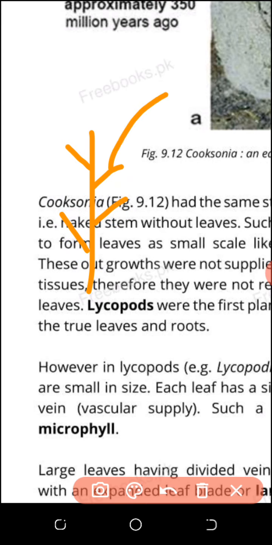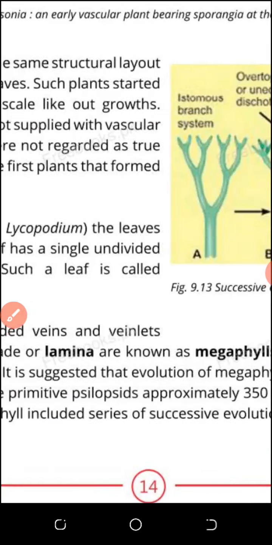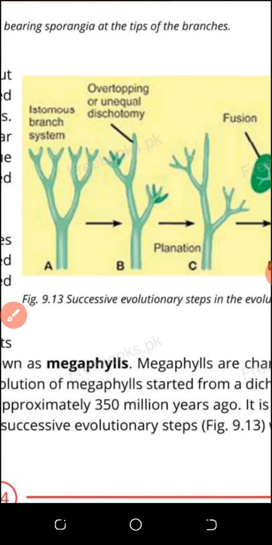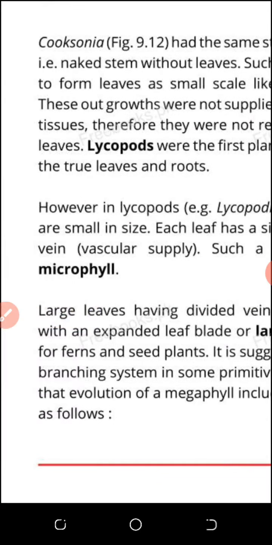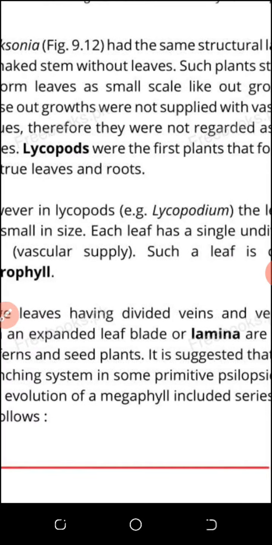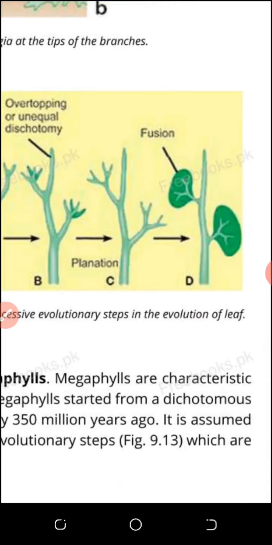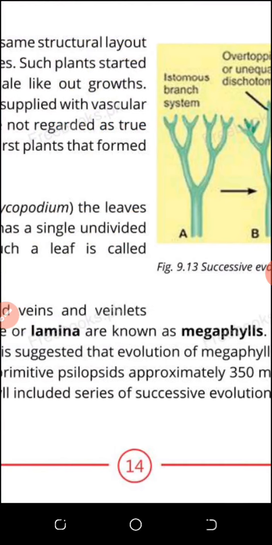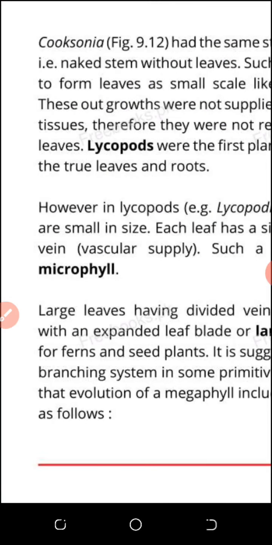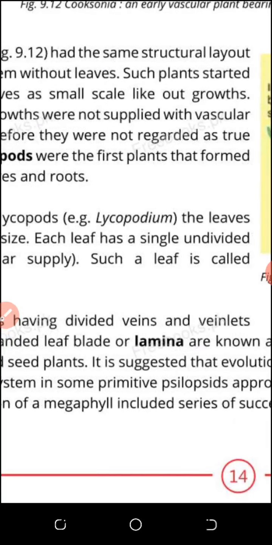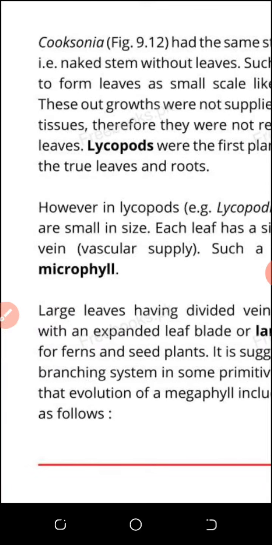So leaves are absent in Cooksonia. Lycopods develop true leaf, that is the microphyll, with vascular bundle but with a single vein. Similarly, one plant which developed more than one vein developed the leaf in which more than one vein is present, that is the megaphyll. So lycopods belong to group Lycopodium.